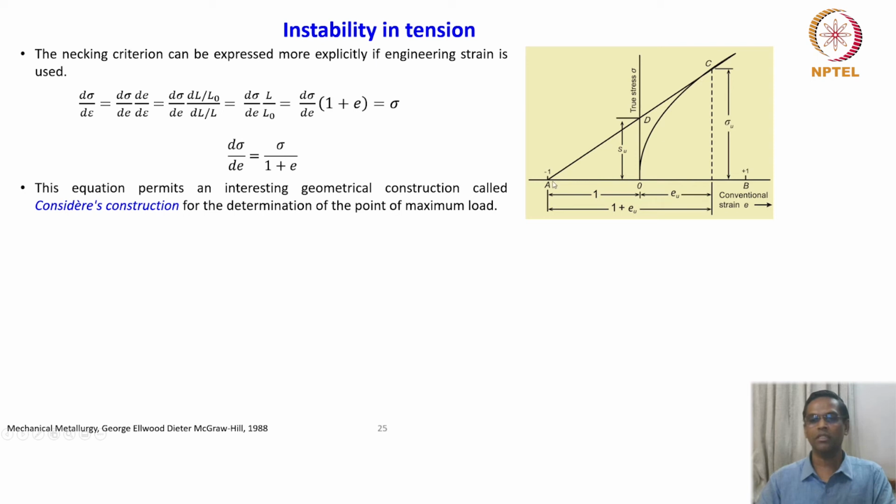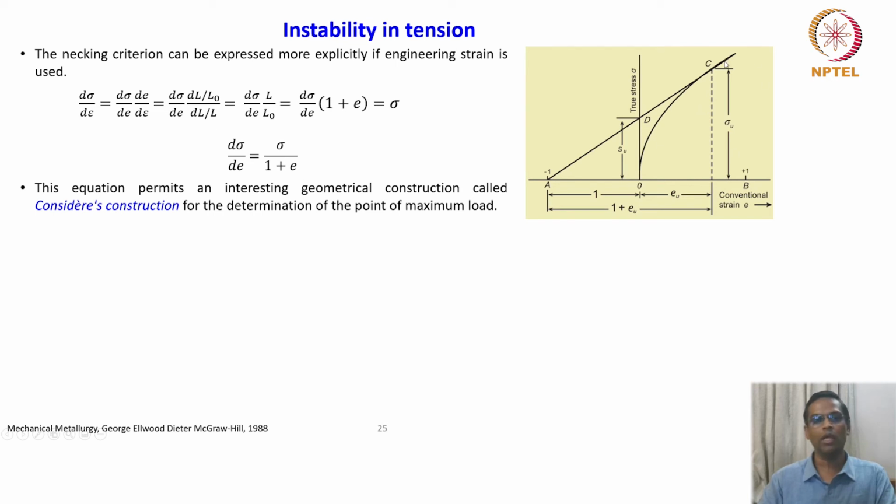You first take a negative axis point A up to the unity minus 1, and from there you try to draw a tangent to this curve, and that point C will give you the point of necking at maximum load. That is what this equation says.